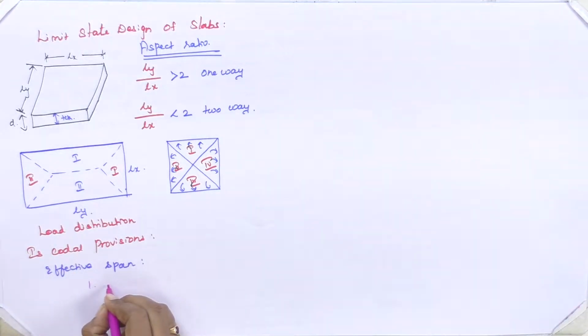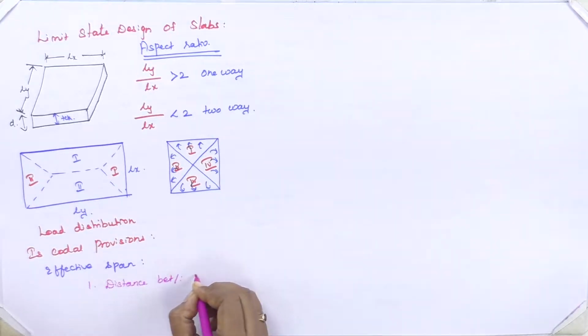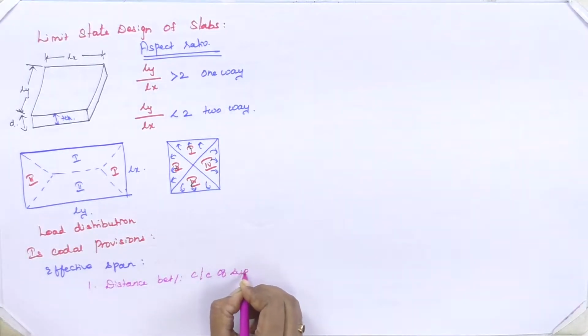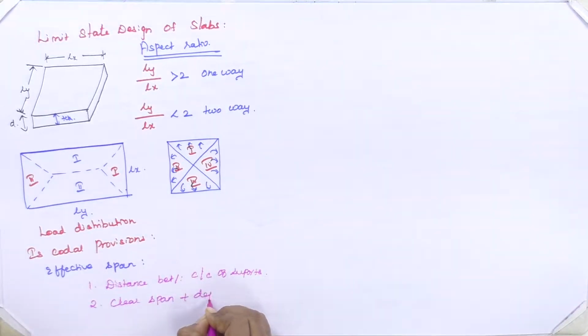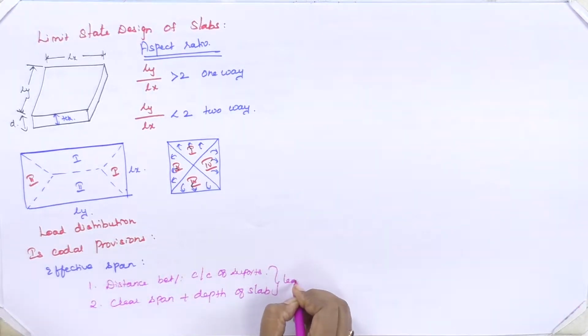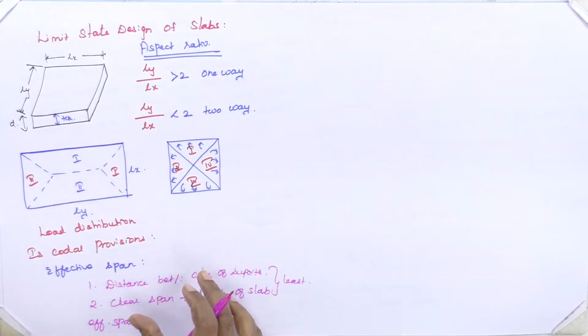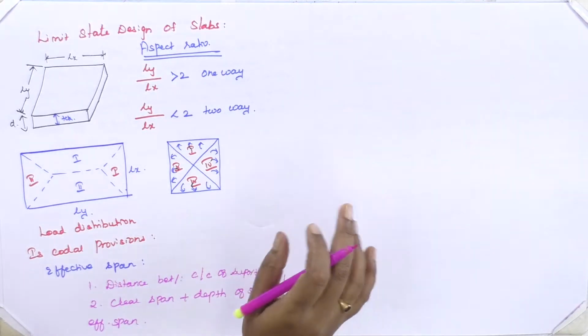First one, distance between center to center of supports, or else clear span plus depth of slab. Whichever is least you need to take as the effective span for calculating the behavior of your slab.